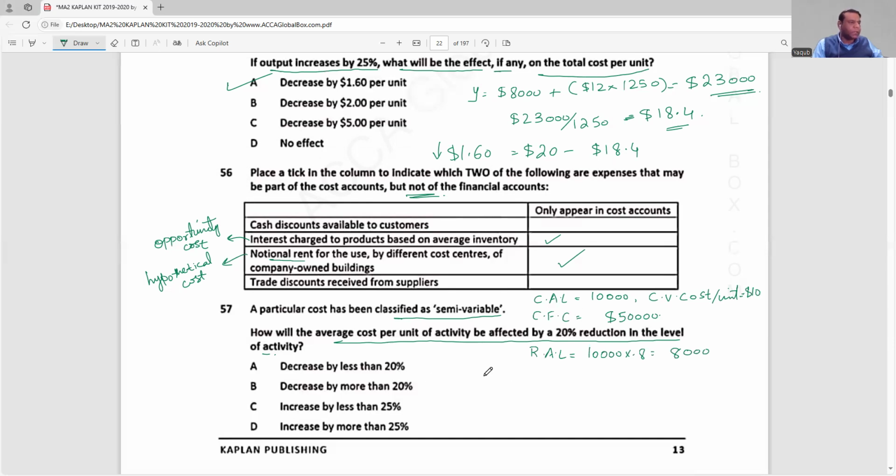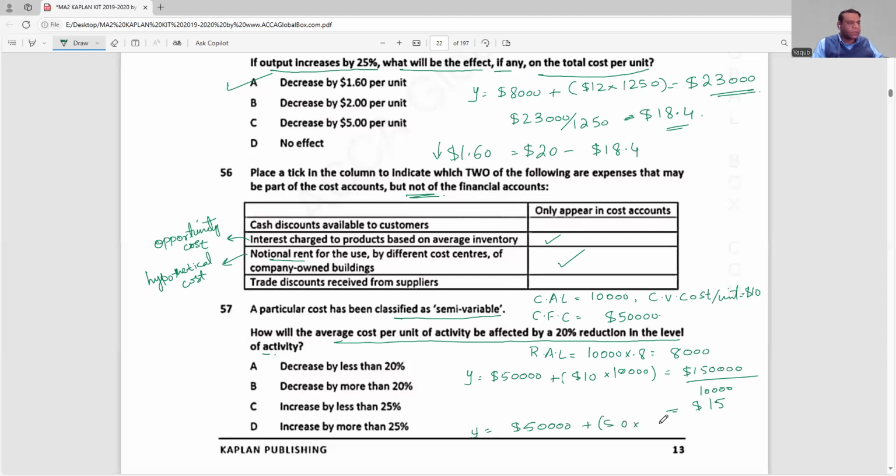Now he's saying that these will be the changes in the average cost. First, we will calculate current average cost. Y is equal to fixed 50,000 plus variable cost 10 into 10,000. So 150,000 in total divided by current activity level of 10,000, we have 15. Now there is a reduction in activity level, but fixed cost will remain the same because it is a period fixed cost.